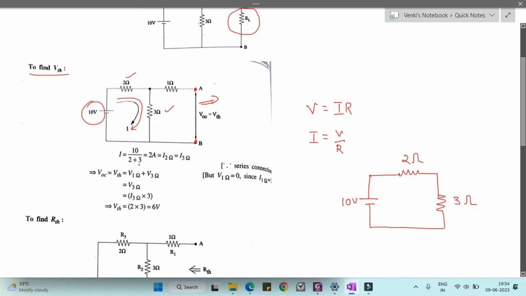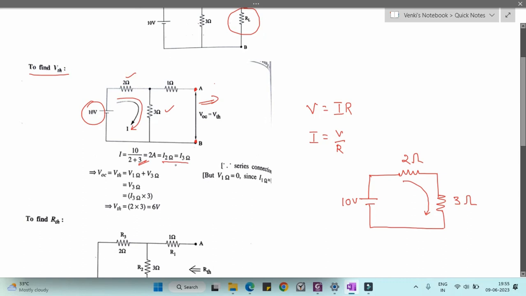That is what they have written here, and like that the I value has been calculated. The 2 ohm and 3 ohm resistances are in series, so the current passing through these two resistances will be the same. That's why they have equated I 2 ohms equal to I 3 ohms, meaning the current through the 2 ohm resistance equals the current through the 3 ohm resistance.